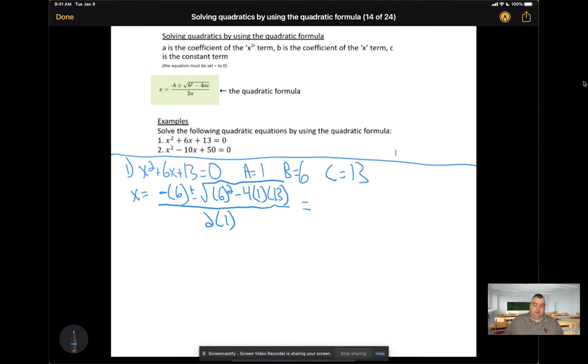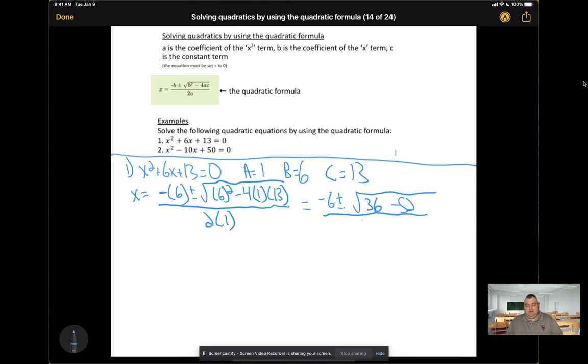So x equals negative 6 plus minus square root. 6 squared is 36. And then this is negative 4 times 1 times 13. Use a calculator if you need to. So I'm using the one on my phone. Negative 4 times 1 times 13 is negative 52.